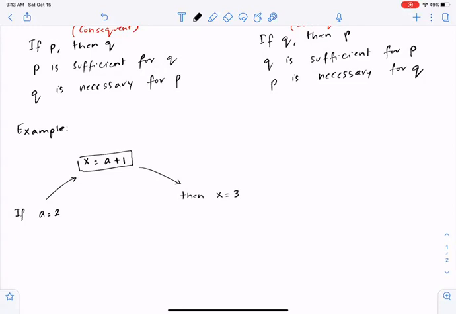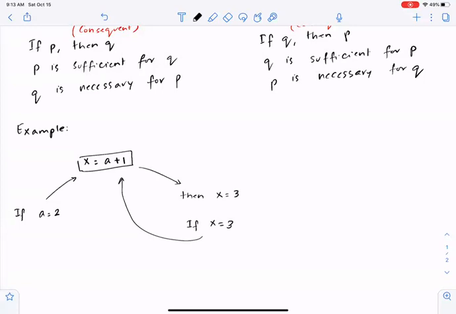Now, if x is equal to 3, and I'm using the same equation, what should a be?